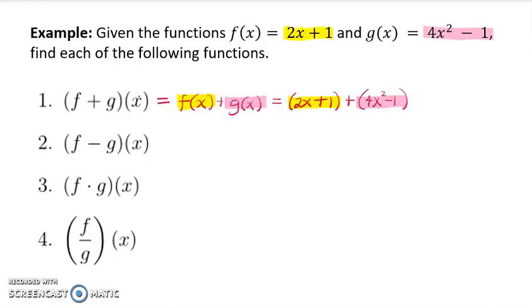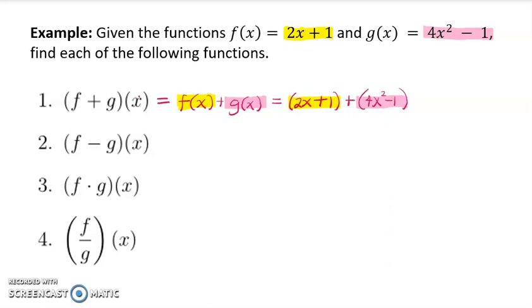The function f plus g of x is defined as f of x plus g of x. I highlighted here f of x, which is 2x plus 1, and g of x, which is 4x squared minus 1. We just substitute these values for f of x and g of x. We have this one, and then we will simplify that.